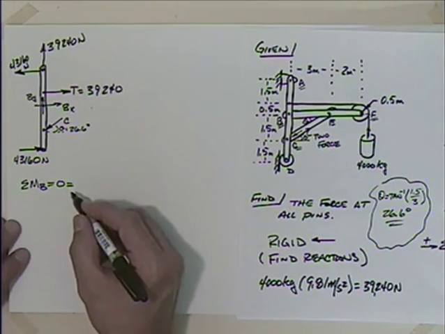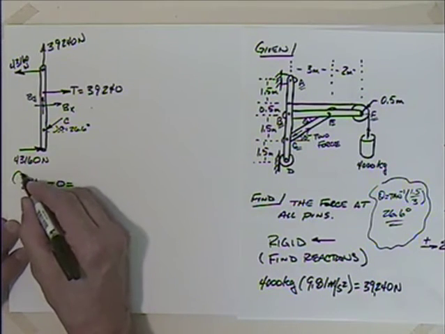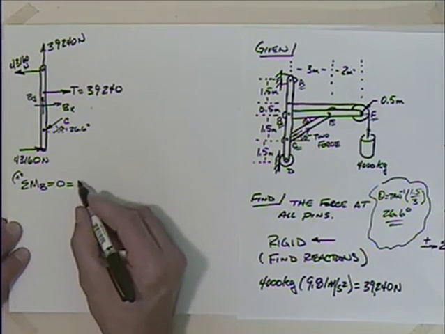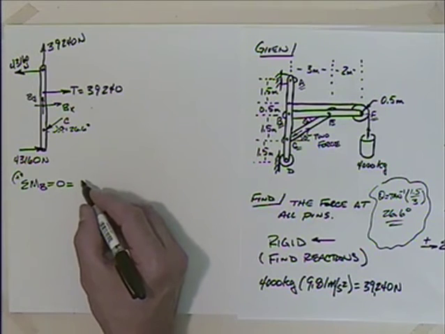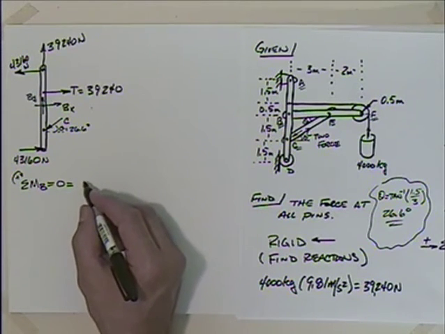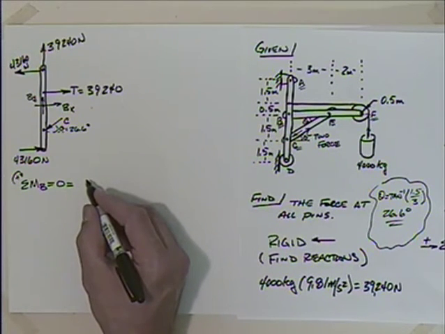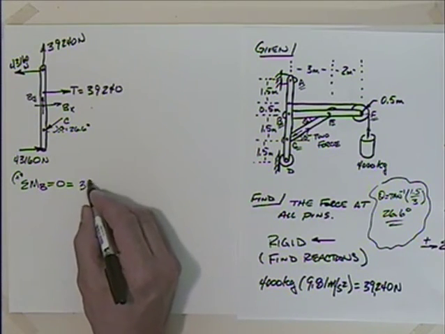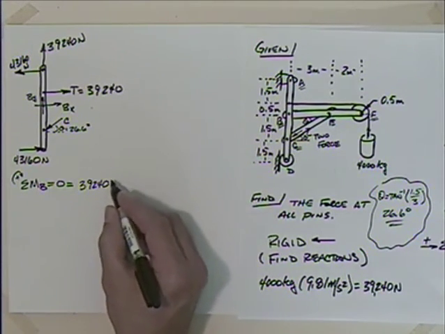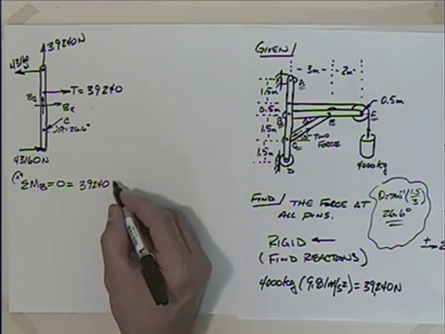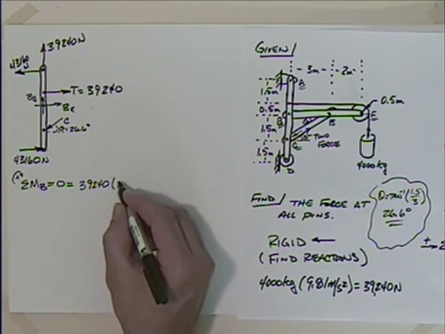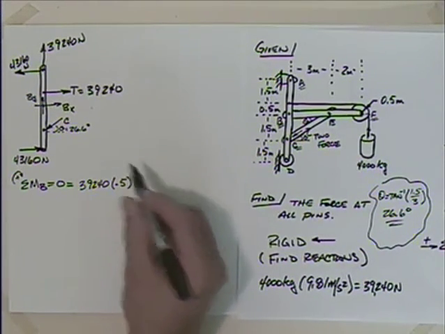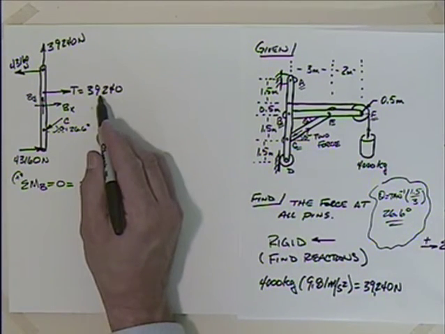I'll go ahead and take clockwise as positive, and I will have, let's see, 39,240 times what, 0.5? That distance there, yeah, 0.5. So that takes care of that one.